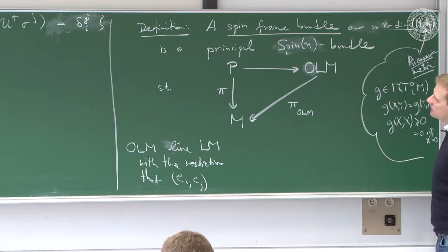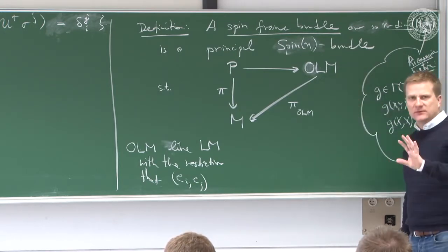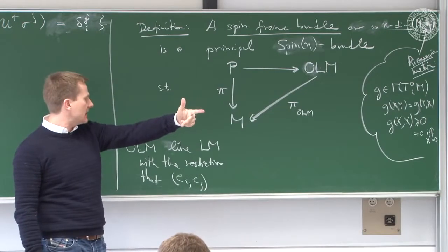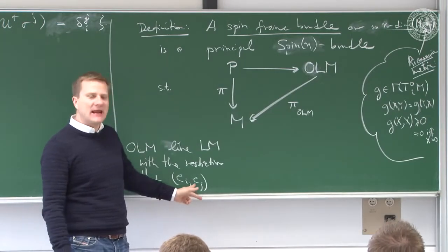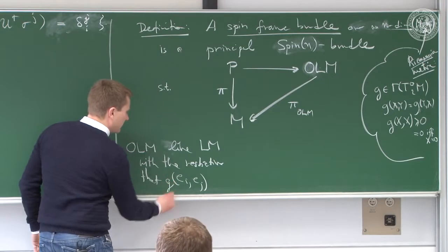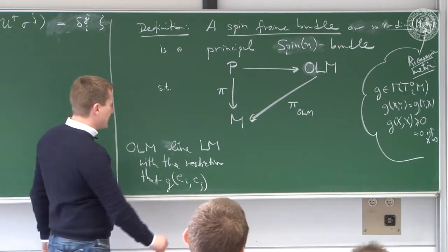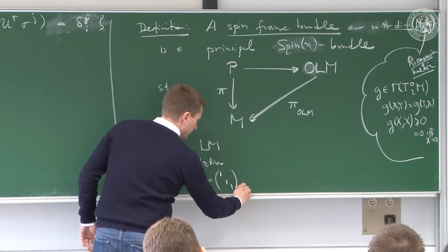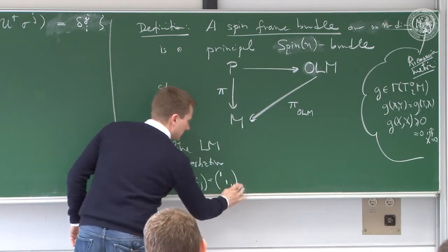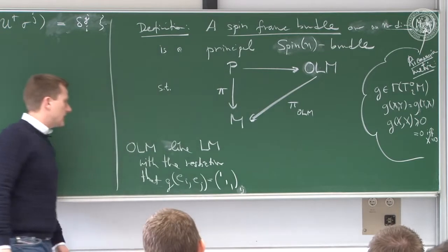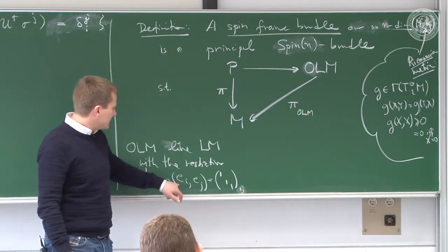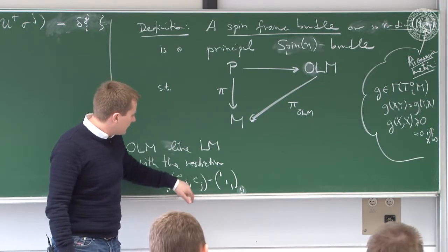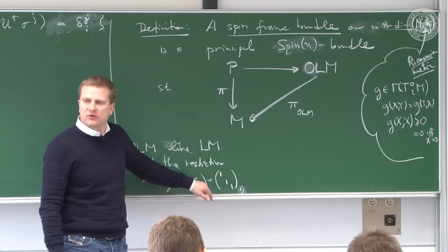I equip the manifold with this metric. And if M is equipped with this metric, I can, in particular, if I have a frame at a position m, require that pairwise all these frame vectors at the point where I am give me this: if I take the first with the first, I get 1, and the first with the second gives you 0, so they're orthogonal to each other.